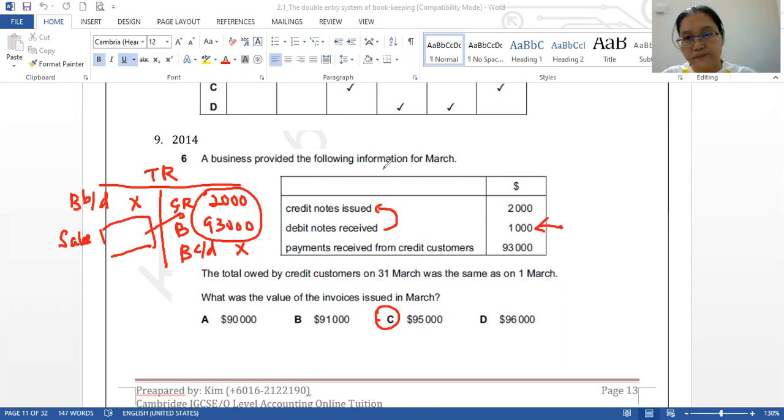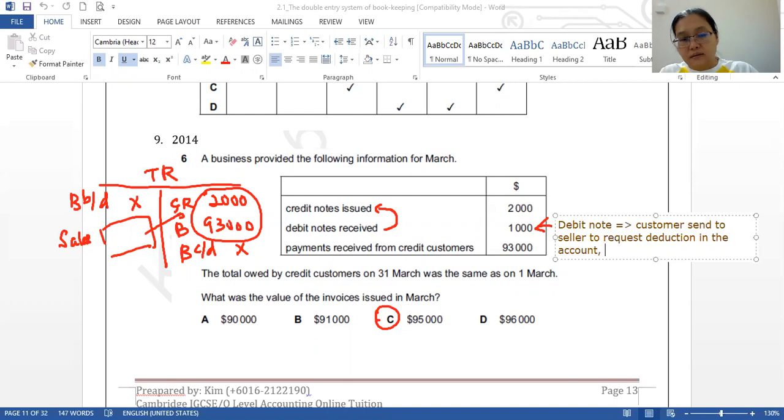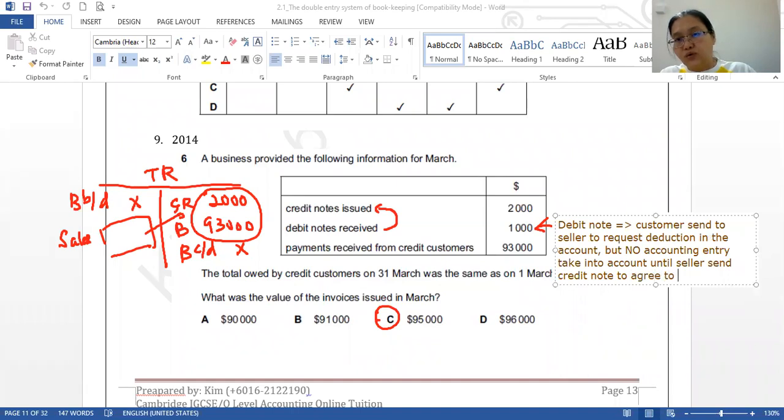In Cambridge, when they say debit note received, the debit note is sent by the customer to the seller to request a deduction in the account, but no accounting entry is taken into account until the seller sends a credit note to agree to deduct.